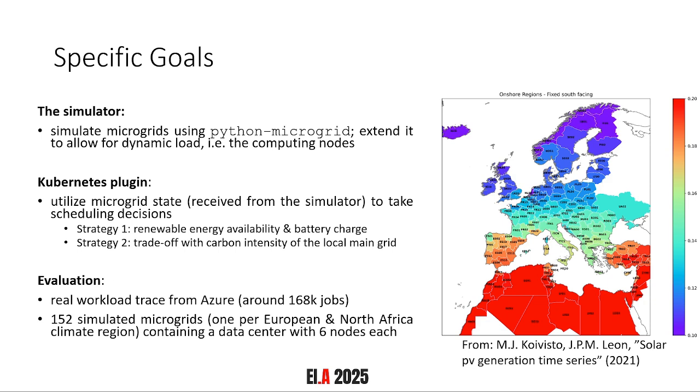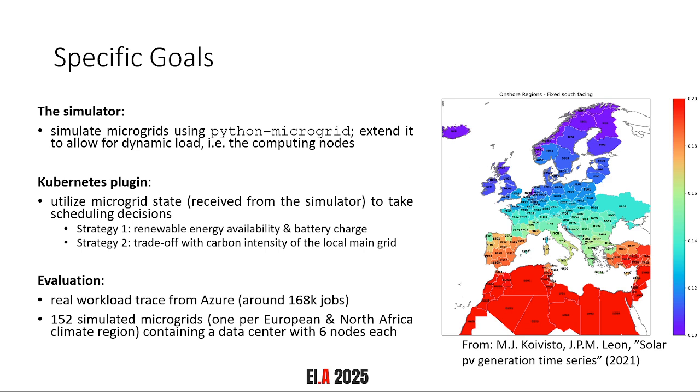Specific goals. In this work, we extended the industry leader Python microgrid simulator, which is a simulator for microgrids, to allow it to simulate a new kind of appliance, the computing node, which is a node that, based on external factors, draws more or less energy.